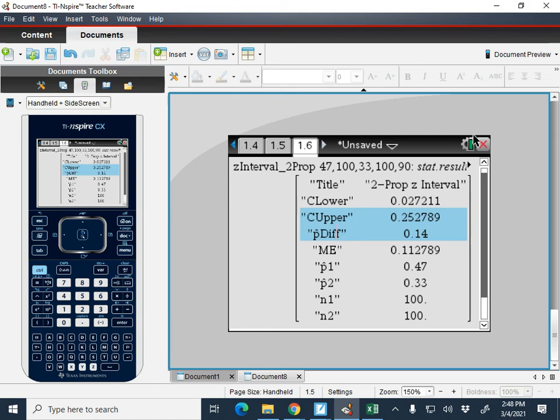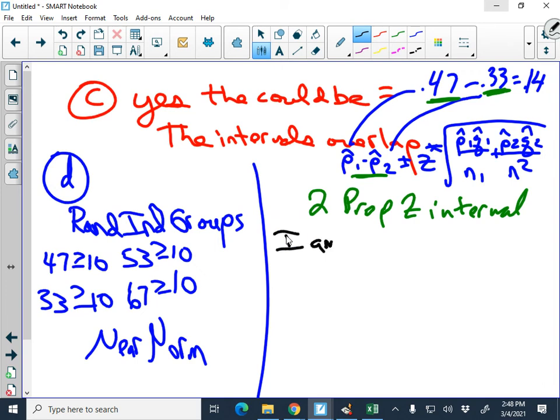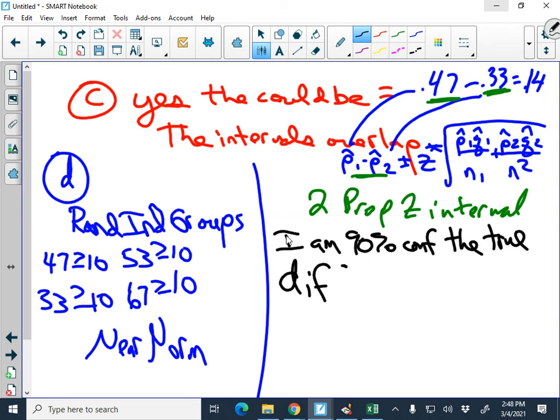The males are 14% in the sample higher. Now we've got these two numbers. So when you write this, I want you to remember you got to be talking about the proportional difference in these. So I am 90% confident the true difference in proportions. And then the way I usually do it is I go, we took males minus females.